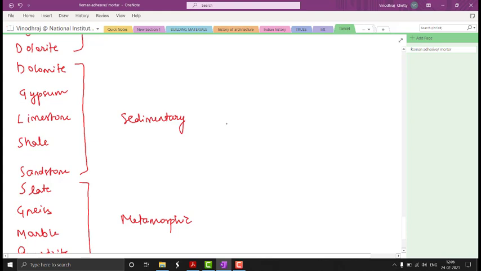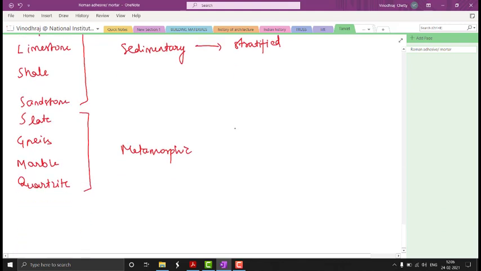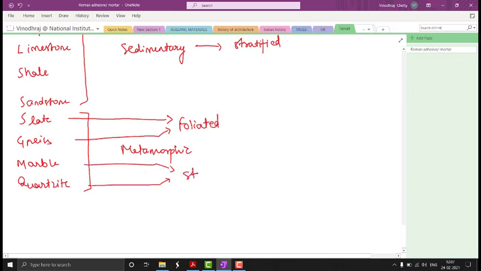The sedimentary rocks are stratified. And in the metamorphic rocks, the first two, that is slate and gneiss, these are foliated, and these two are stratified. Okay, which means they can be split into layers.